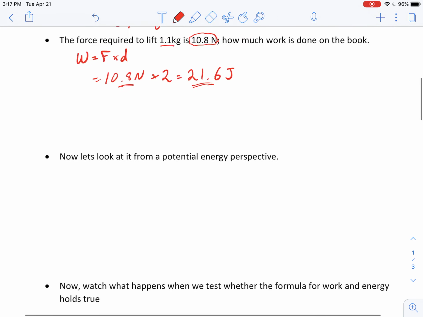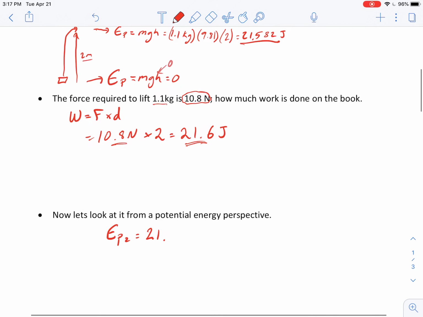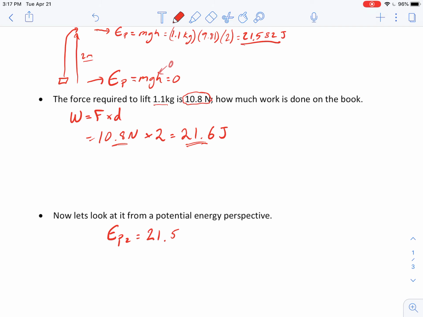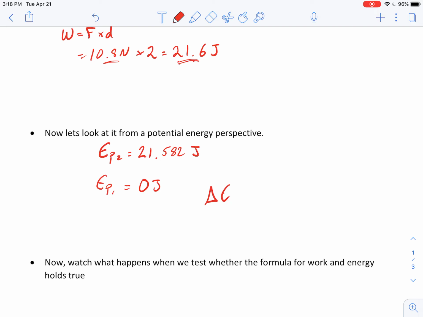Now, using the potential energy, we know that our EP2 is equal to 21.582 and EP1, oh sorry, EP1 was 0 joules. Our change in energy is equal to 21.582 minus 0.